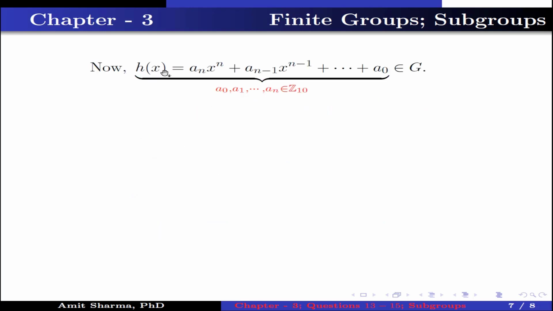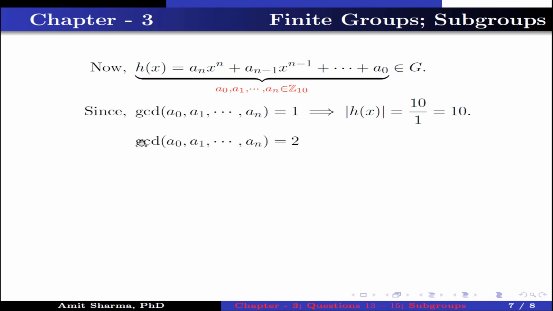Now given h(x) is a_n x^n + a_{n-1} x^{n-1} and so on up to a_0 belongs to G. Here all the coefficients are from Z10. Since given the GCD of a_0, a_1 up to a_n is 1, this implies the order of h(x) is 10 by 1, which is equal to 10. Now in the second set, the GCD is 2.